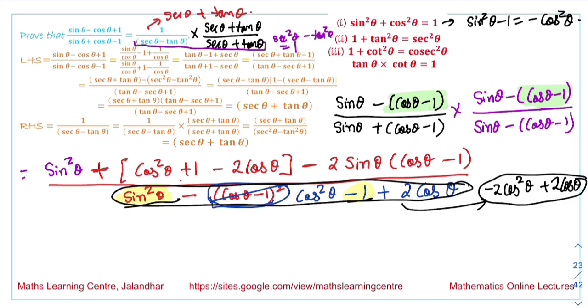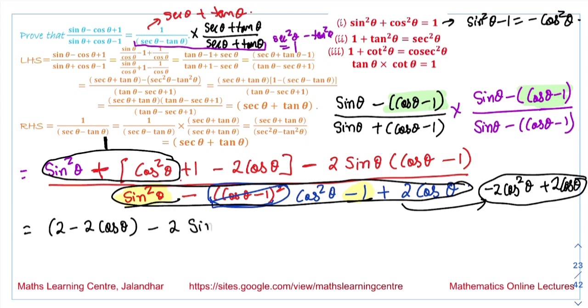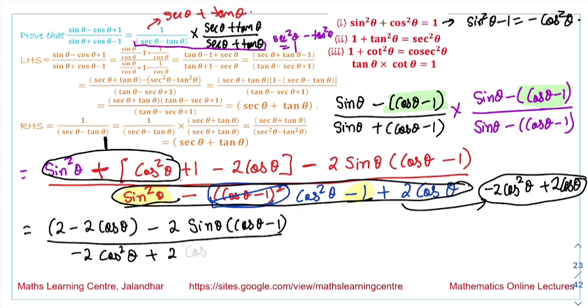In the numerator, this term sin square theta plus cos square theta will be 1. So the numerator we will get is 2 minus 2 cos theta, then minus 2 sin theta into cos theta minus 1, divided by minus 2 cos square theta plus 2 cos theta.